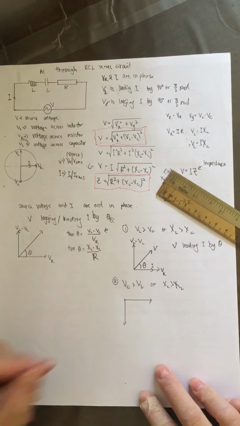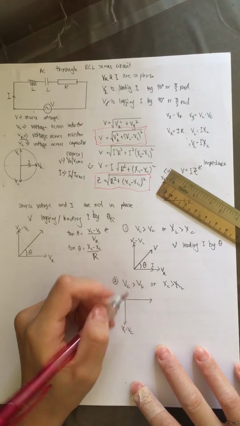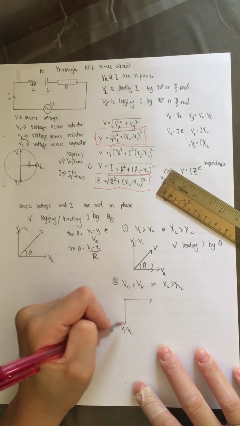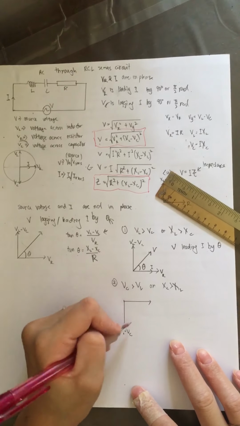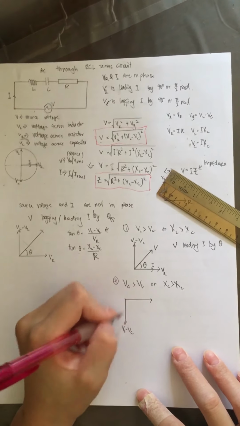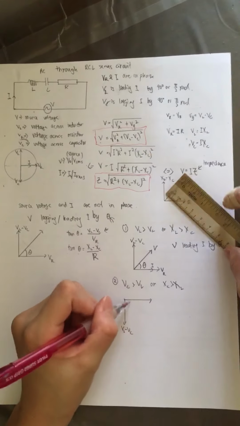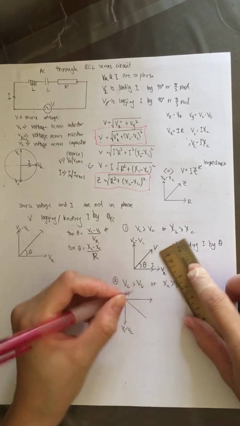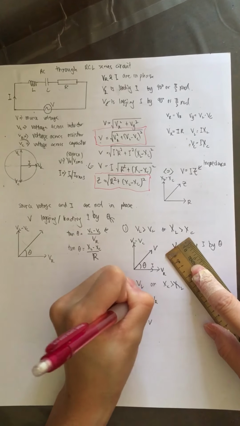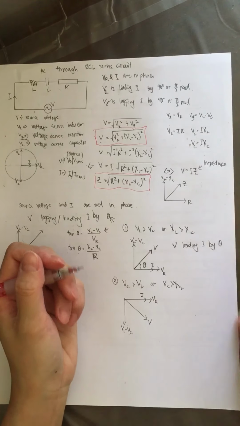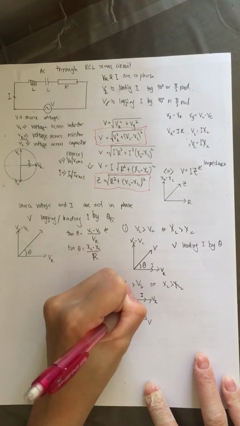The resultant voltage in the Y component will be towards the negative direction. In other words, this one is your source voltage, this one is your VR, and this is your phasor I direction. The angle you are getting here is the angle here.